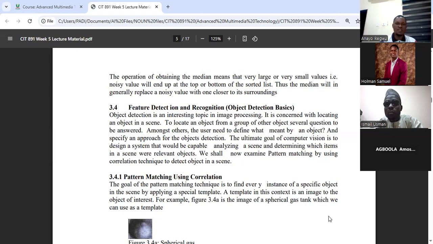The application of object detection or recognition has been embedded in different systems. Take for instance your car. Most of the newest cars invented have object detection, or what we call computer vision. If you are driving, especially when you are reversing or turning and you are close to the gutter, it will give you a signal.